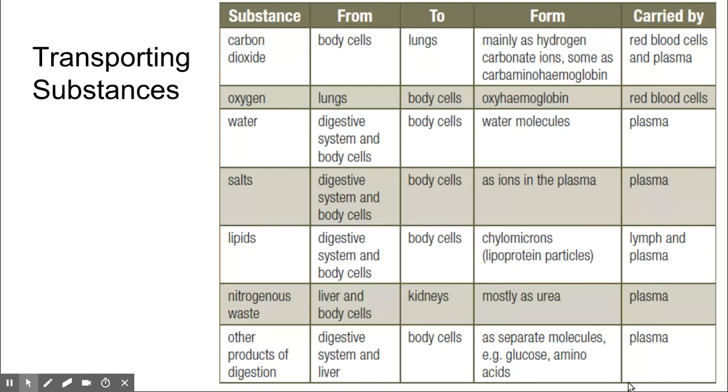Salts come from our digestive system as well as our water. It's also transported in the plasma. Our lipids come from what we eat, and go to our body cells, and are transported by the lymph and the plasma. Our nitrogenous waste comes from our liver, which breaks down our amino acids, and it takes it to our kidneys for excretion. It's carried by the plasma, and then we have a few other things that are also carried by our plasma.